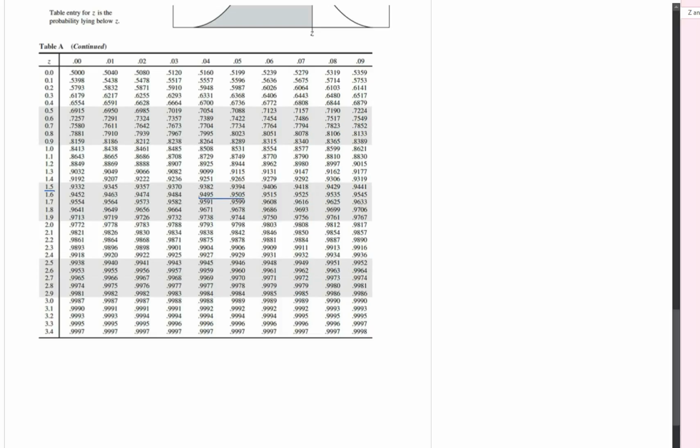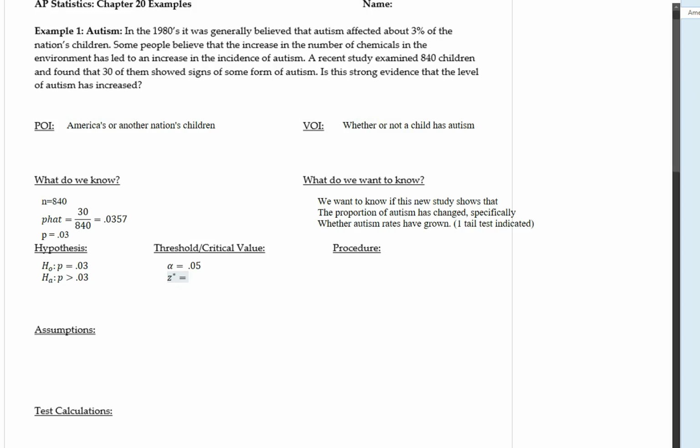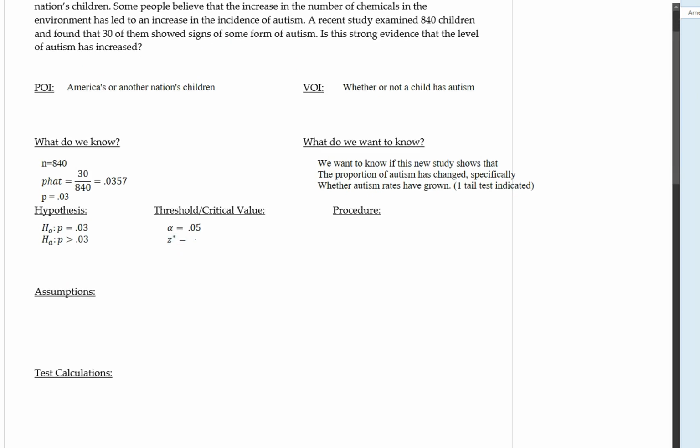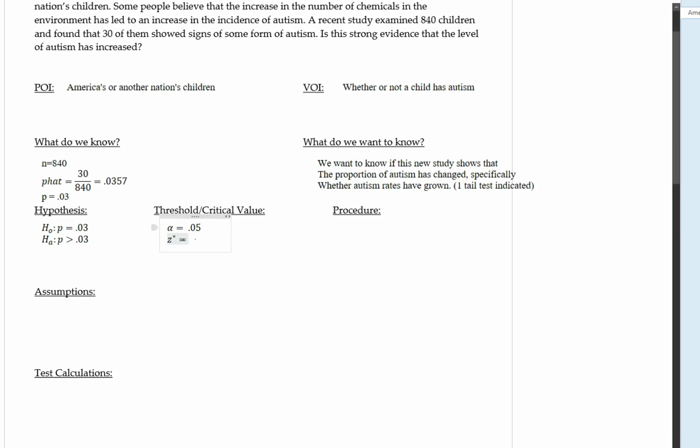So that means 1.6, and to be a little more precise, it's between these two up here. So it's 1.645. That's our threshold, which will decide whether our results are different enough from 3% or whether we fail to reject. So there we go. So we're going to put 1.645.